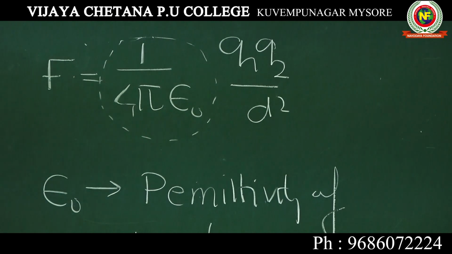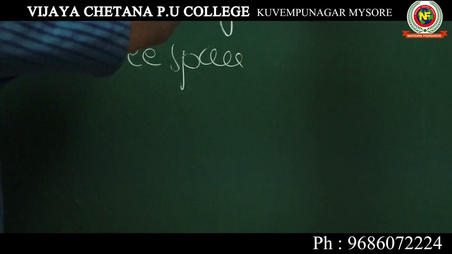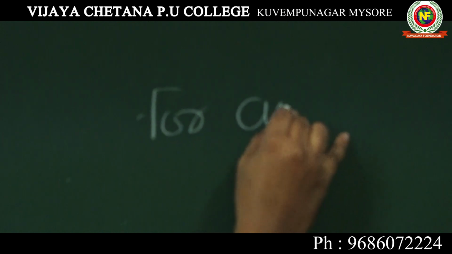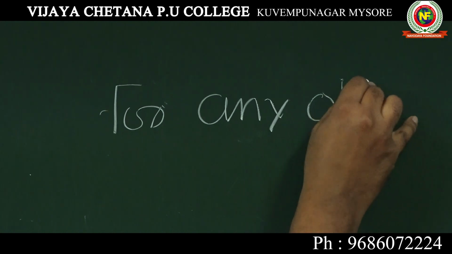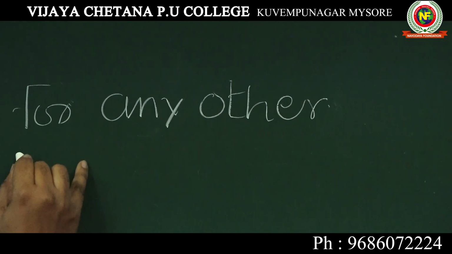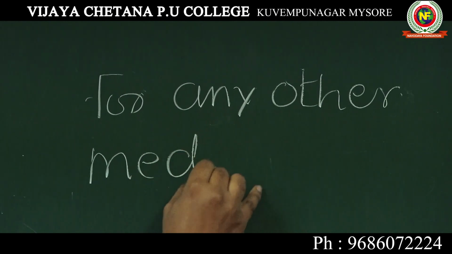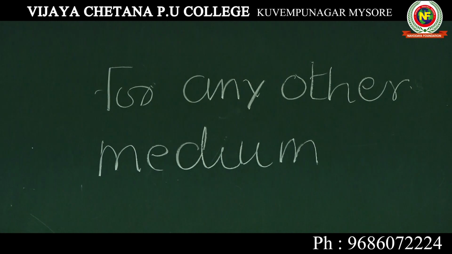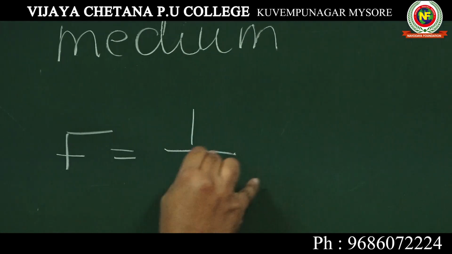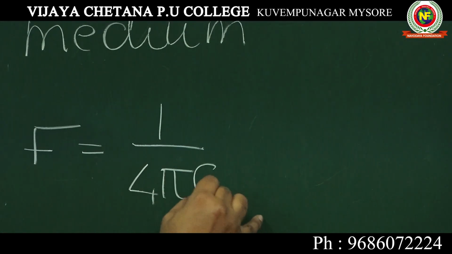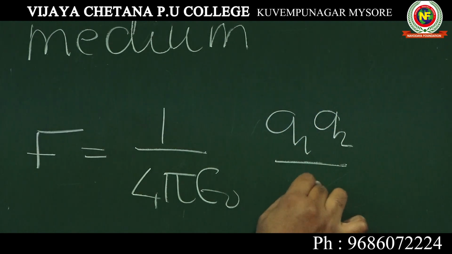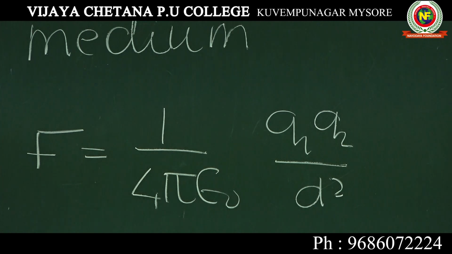Suppose you go to some other medium. For any other medium, how do we write the expression? It is like this. F is equal to 1 by 4 pi epsilon naught Q1 Q2 by d square. We were writing it for vacuum.